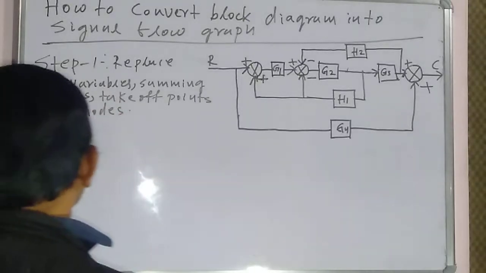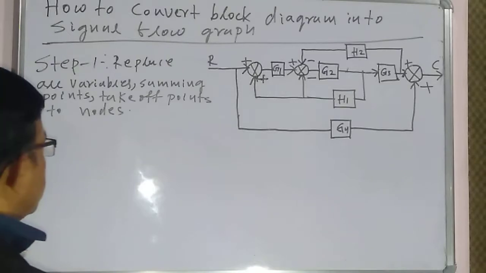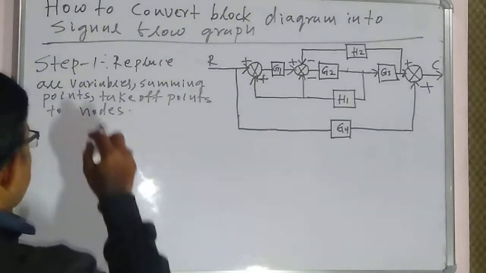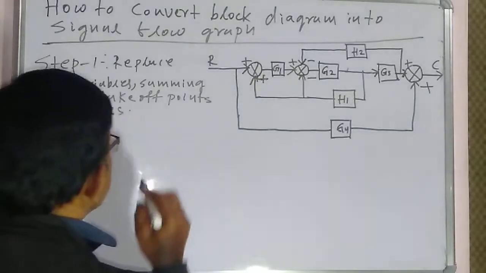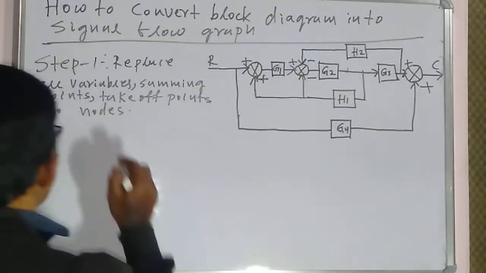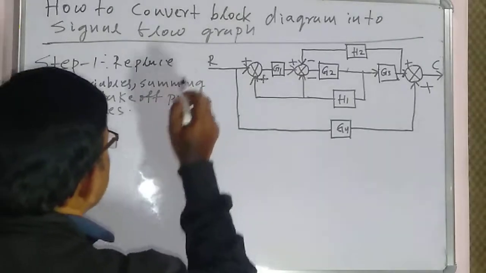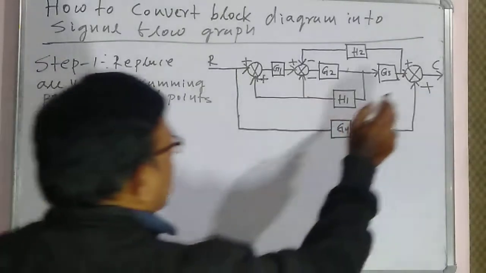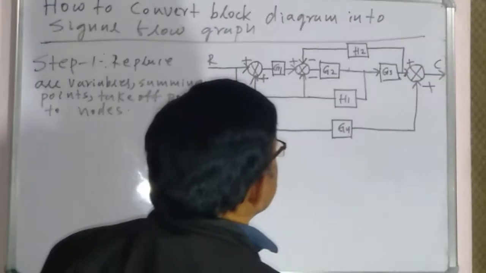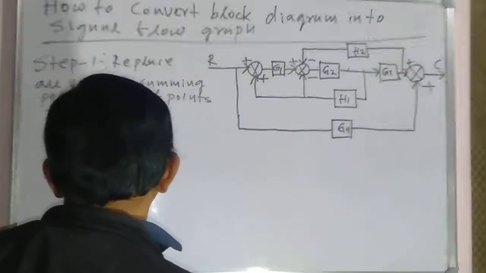That is, for one summing point we will convert it to a single node. Similarly, for a takeoff point also we can convert it to a single node. And for variables, that is for the input variable, we can replace it by a single node, and for the output variable C also we can replace it by a single node.